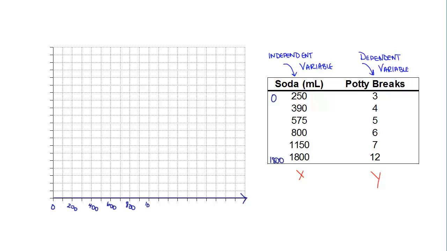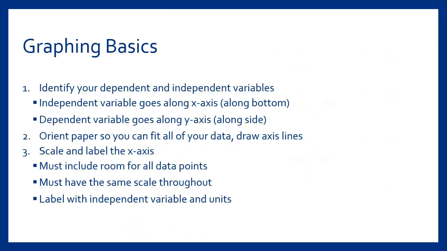So I'm only going to label every other square. So I'm labeling them 200, 400, 600, 800, and so on. So that gives me enough room for 1800 milliliters, and I have an even scale throughout the entire x-axis. So every single square is equal to the same amount of milliliters. I'm going to label this amount of soda, which is in milliliters. Make sure I provide my unit.